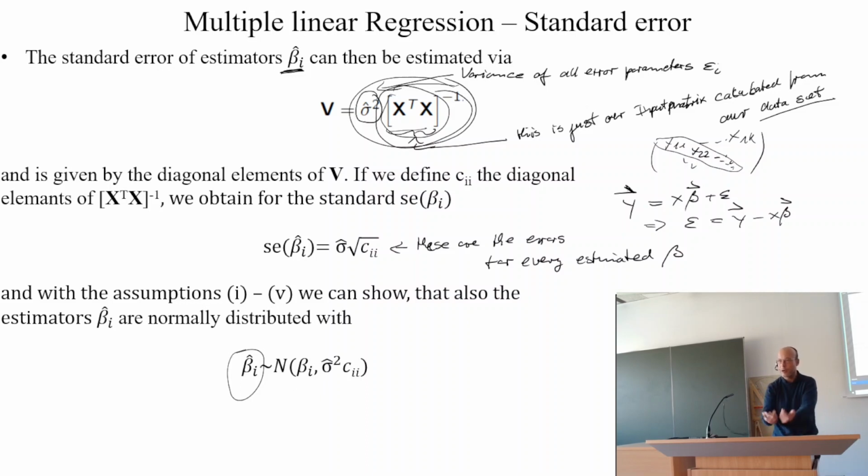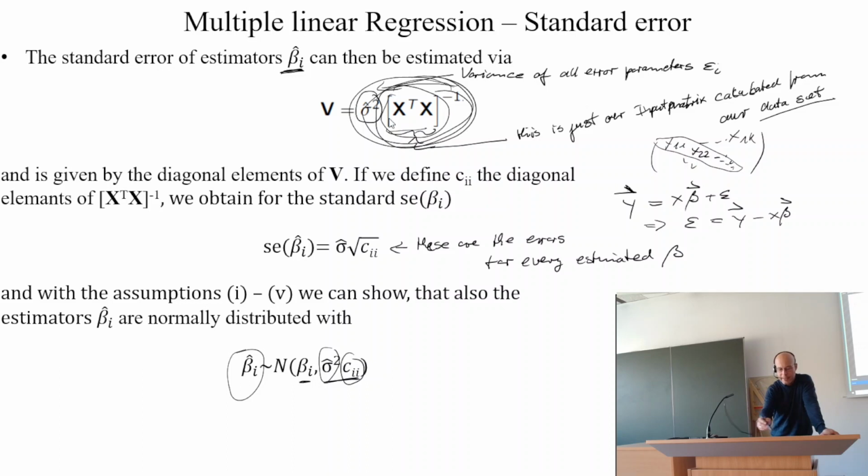And now with a normal distribution, just around the true parameter and with variances related to the general assumption that every single error term has the same variance, multiplied with the corresponding diagonal element of this inverted matrix here.